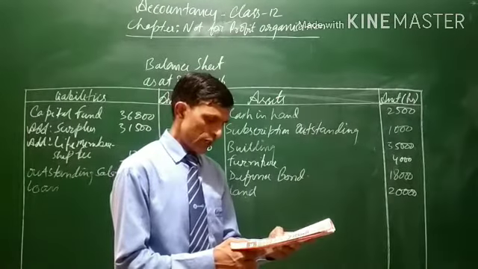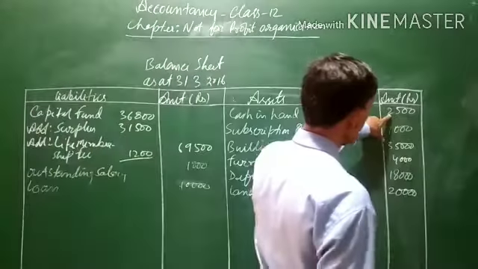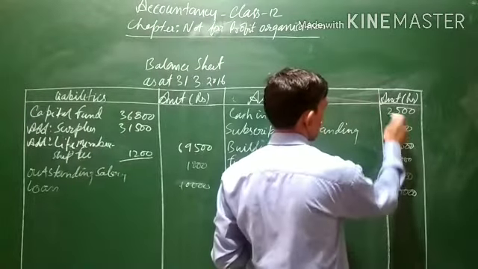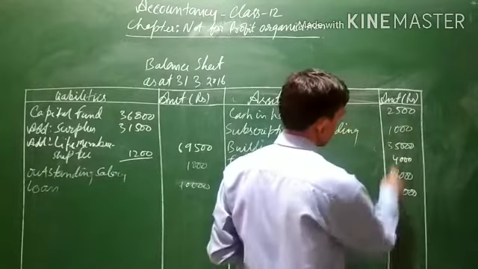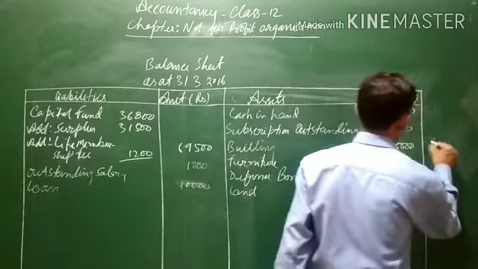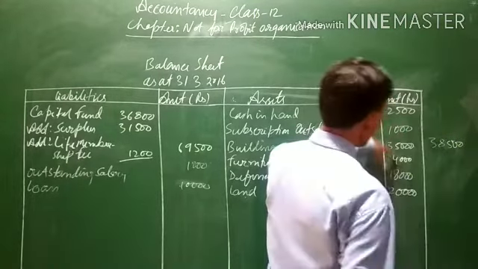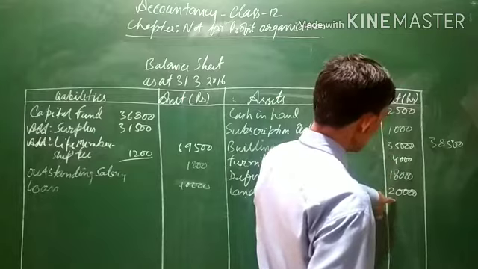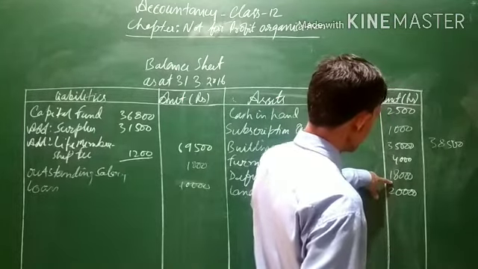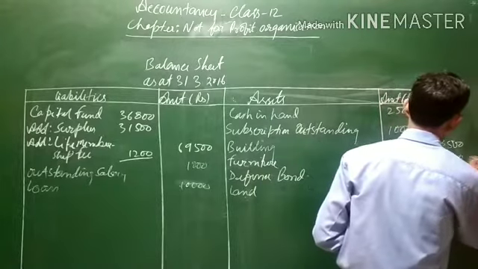Now we have everything. Let us do the total of all these things. 2,500 plus 3,000... 35 plus 3, 38,500. Then 4, 20 plus 18, 38 plus 4, 42,000.